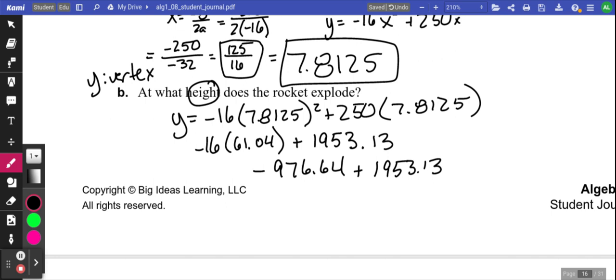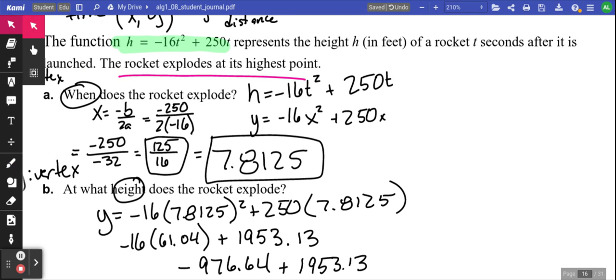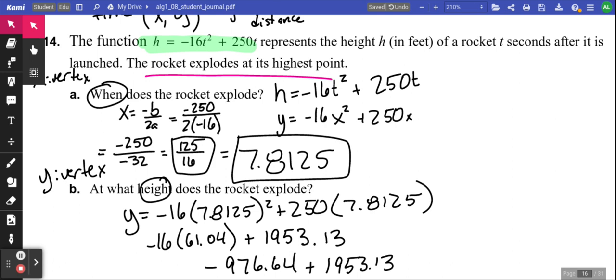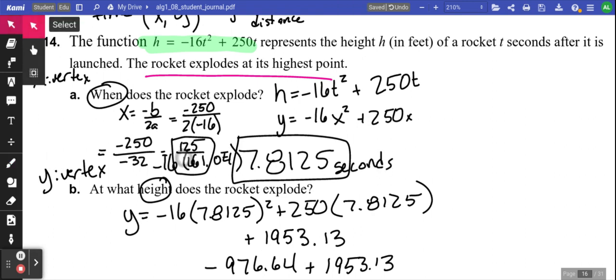Add those together, and I get 976.49. I probably should have included units on my first one. The first one I should have said seconds. And here it's talking about feet.